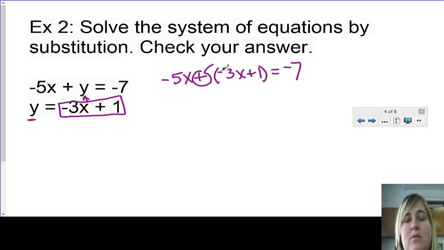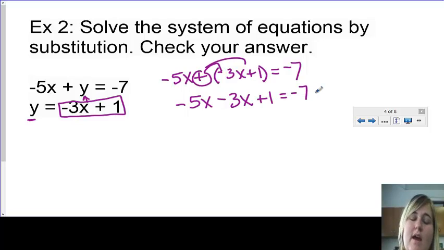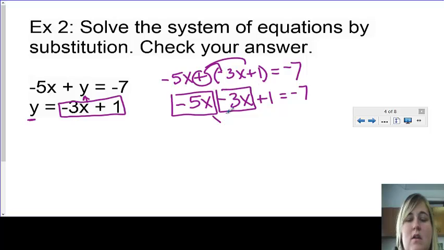Now, since this is a plus, when I distribute, it's not going to change my sign, so I have negative 5x minus 3x plus 1 equals negative 7. So now I need to combine like terms. My like terms are negative 5x minus 3x, which gives me negative 8x plus 1 equals negative 7.